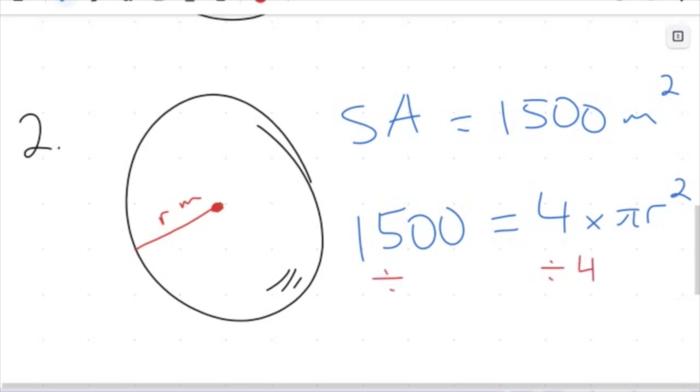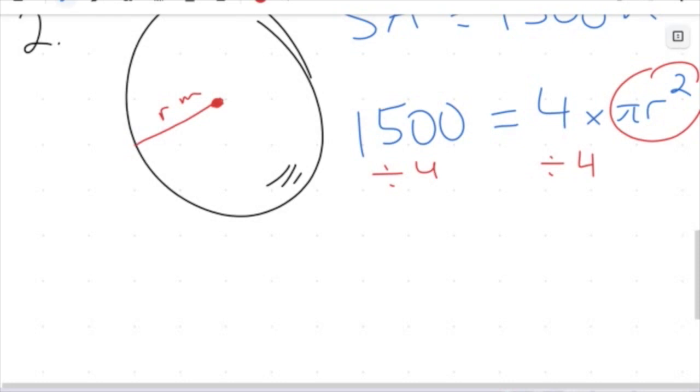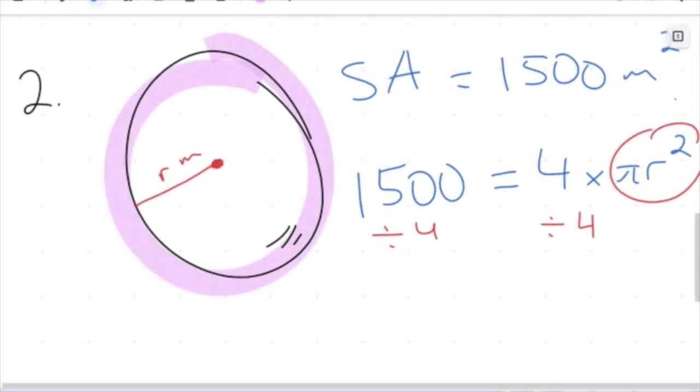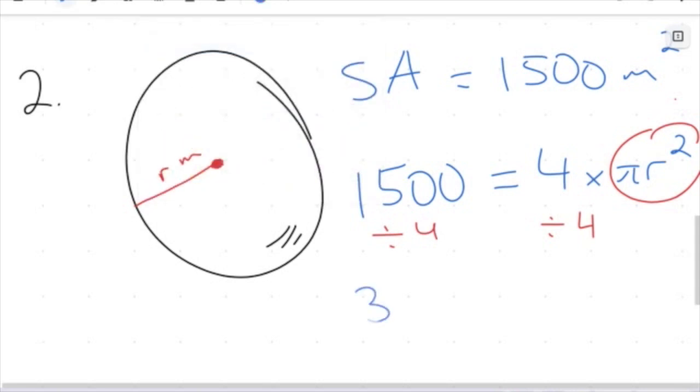I'm going to divide both sides by 4 just to give me the area of my circle here, the area of one of these circles. So this guy here, for example. Okay, so dividing 1,500 by 4 gives me 375. 5 equals pi r squared.